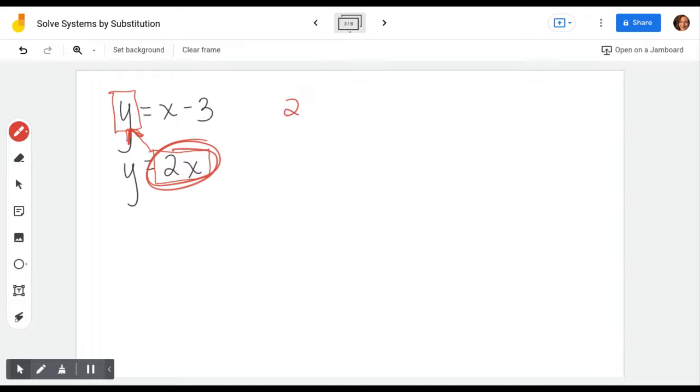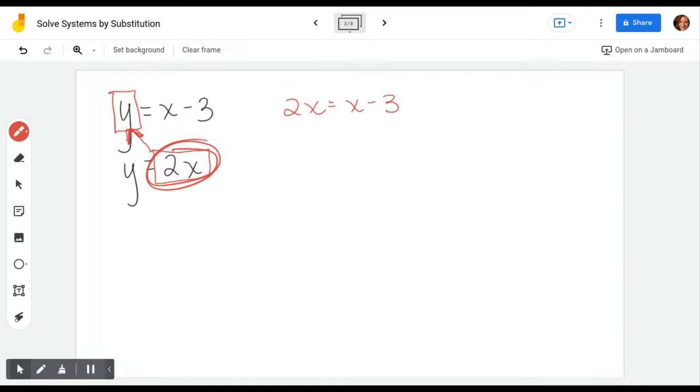I'm going to say 2x equals x minus 3. So it's the same equation that we started with. It's just instead of writing y, I wrote this expression that y equals in my other equation. So now I've got a complete equation that's only in one variable.